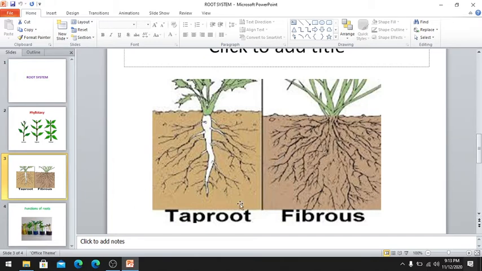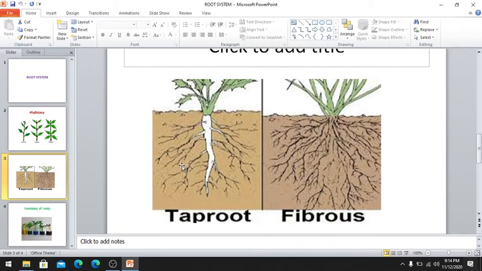To understand this, you can do one small activity. Just pull out any two weeds, only weeds. Whenever you are doing any experiment, don't use plants which are essential for us. They give us so many things like food and oxygen.